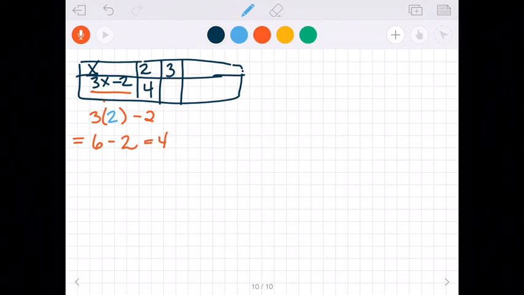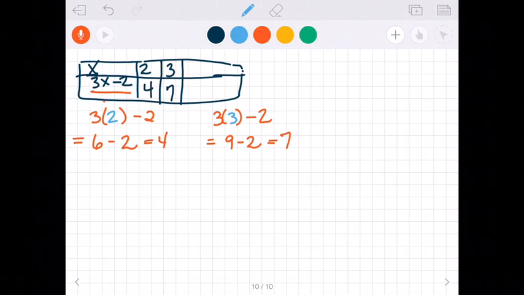We're going to put the 3 in place of the x in that equation. So we'll write 3, parentheses, 3, minus 2. 3 times 3 is 9, minus 2, 7. So when x is 3, our function is 7. Let's do it in black. Be consistent.